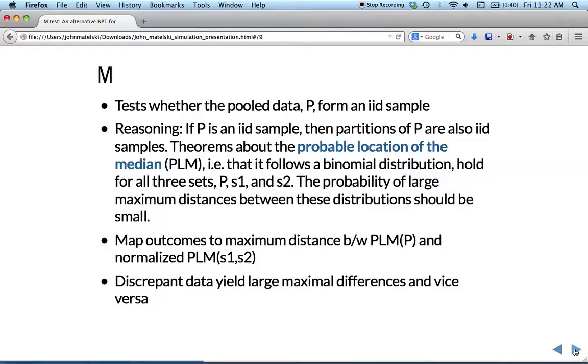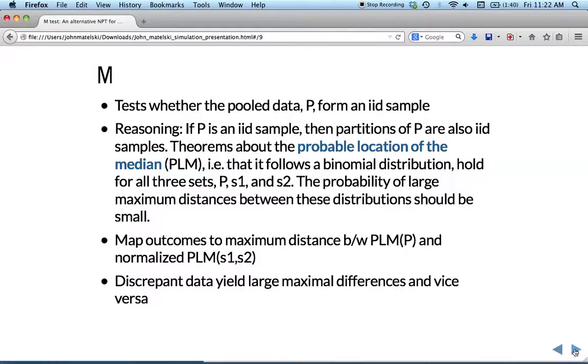So if, in fact, P is an IID sample, then theorems about the probable location of the median, that is, that it follows a binomial distribution, will hold for all three sets, P, S1, and S2. So the probability of seeing large maximum distances between these distributions should also be small.